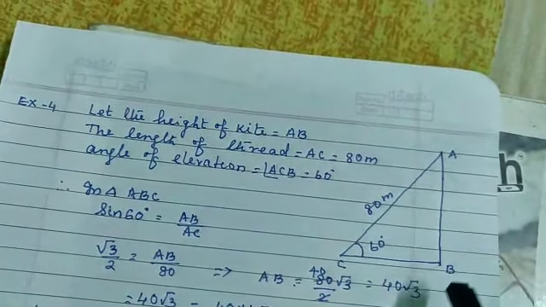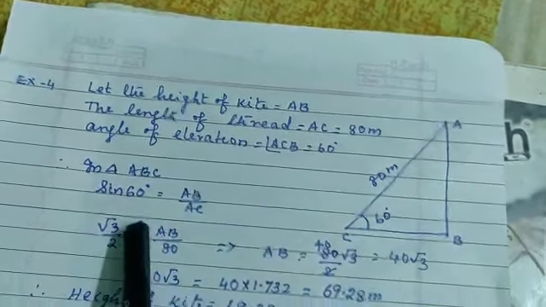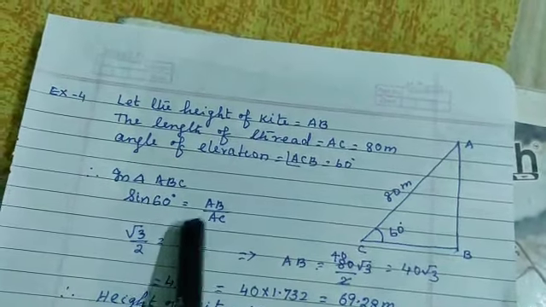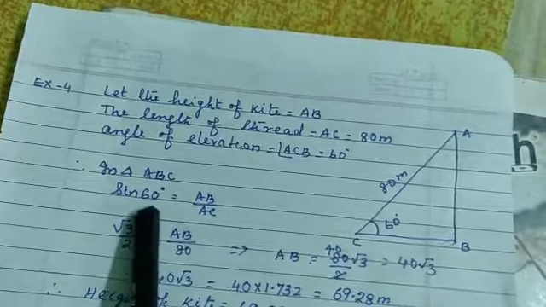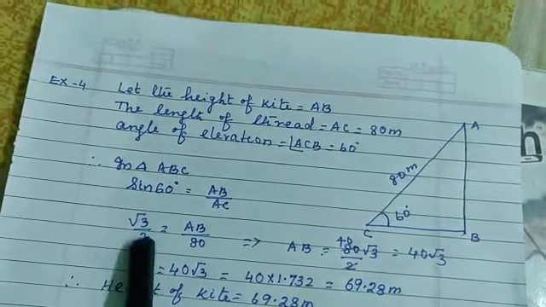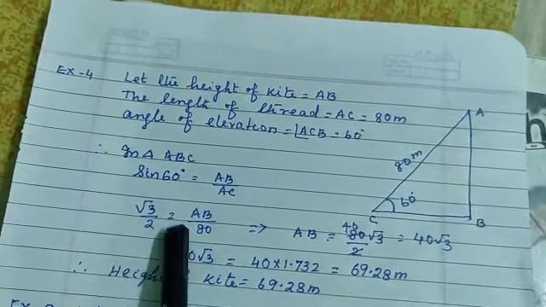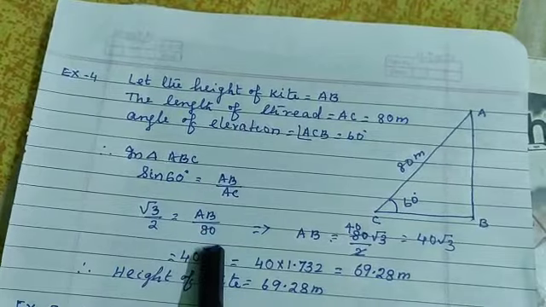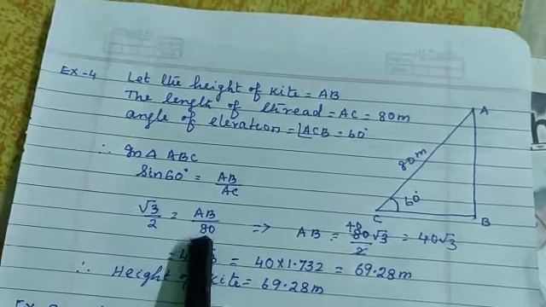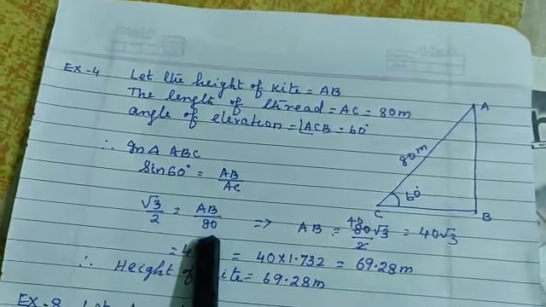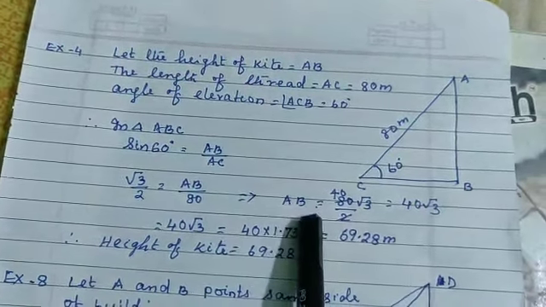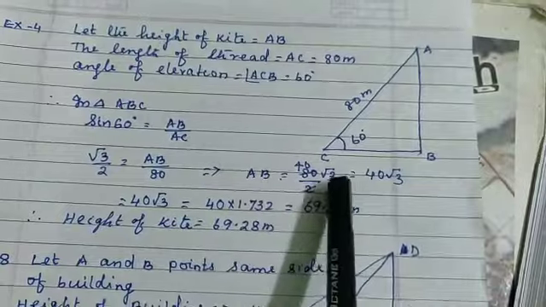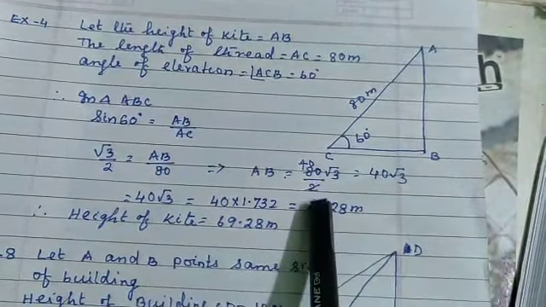Therefore, in the right angle triangle ABC, sin 60 degrees is equal to AB by AC. Sin 60 degrees is equal to root 3 by 2, that is equal to AB by AC, and AC is 80. So we substitute that. Now after cross multiplication, AB is equal to 80 root 3 by 2.